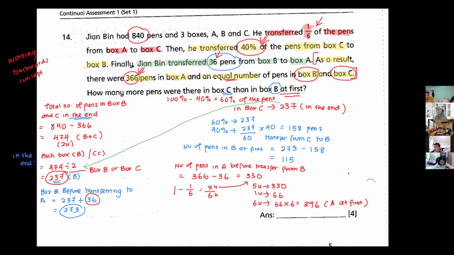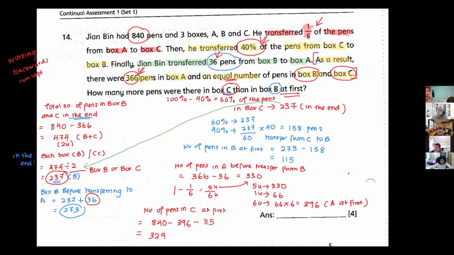But do I want A? I don't want A. I want C. I have my B ready just now, but I still want my C. Number of pens in C at first equals your 840 total number of pens minus your 396 that is in A, minus away your 115 that is in your B. That will give me 329.